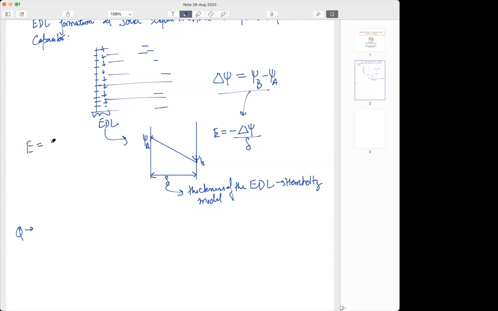E is always minus del phi by dx. So the electric field is always from high potential to low potential, but this negative sign is there when we are taking phi B minus phi A. Okay, sir.